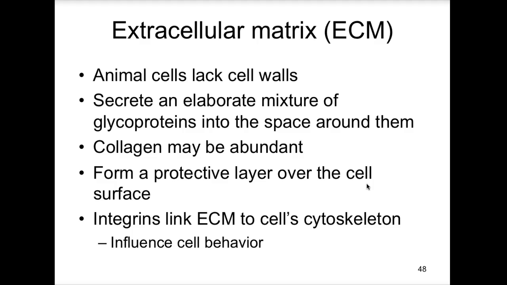If you remember from anatomy and physiology, for those that had anatomy and physiology, you do have those collagen fibers, and those are used for support in the extracellular matrix. They are going to form a protective layer over the cell surface, and integrins are going to link the extracellular matrix to the cell cytoskeleton, and that's going to have an influence on cell behavior.